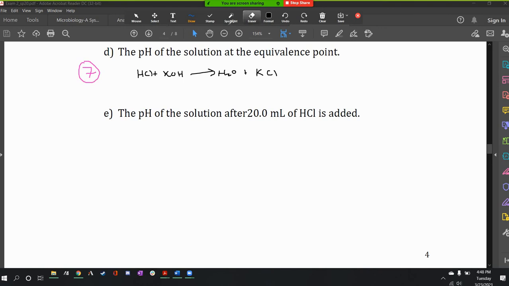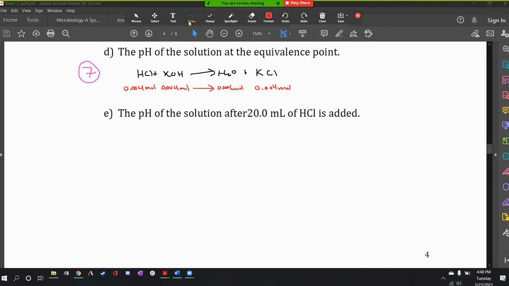What we just saw is that the equivalence point is when we've added 0.004 moles of acid to an initial 0.004 moles of base, which we could look at the stoichiometry and say, cool, that would form 0.004 moles of water and also 0.004 moles of KCl, just because it's 1-to-1-to-1 stoichiometry.